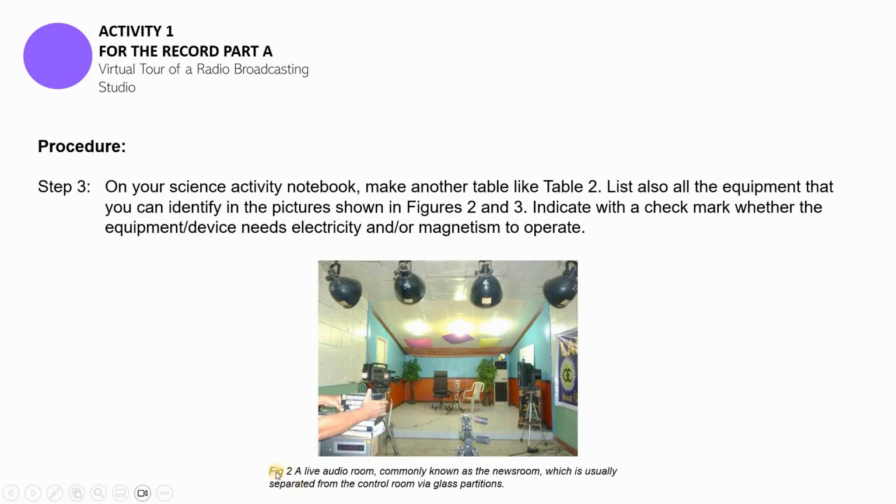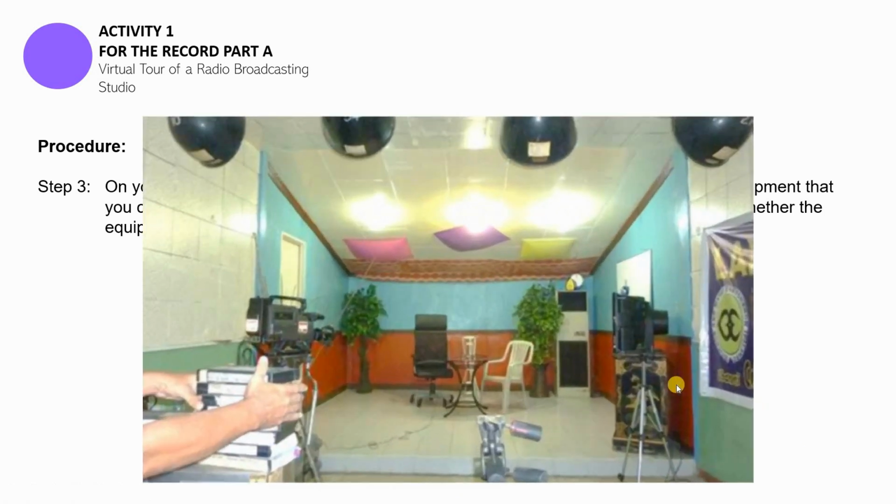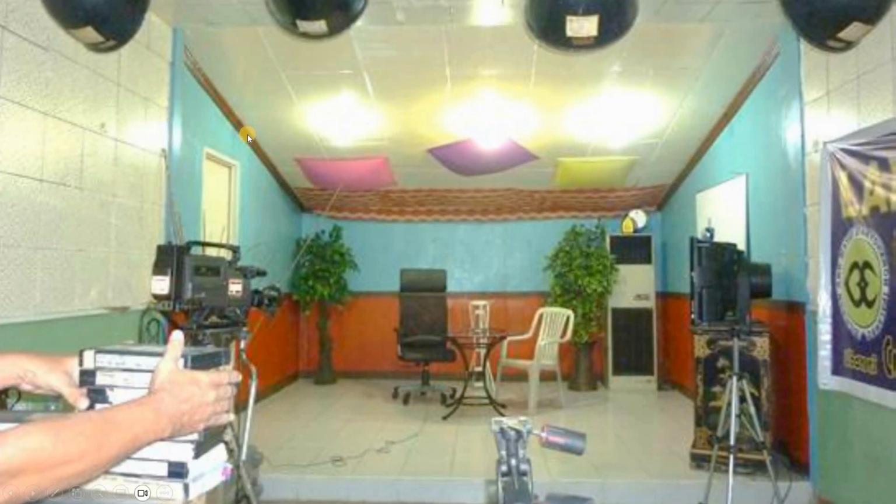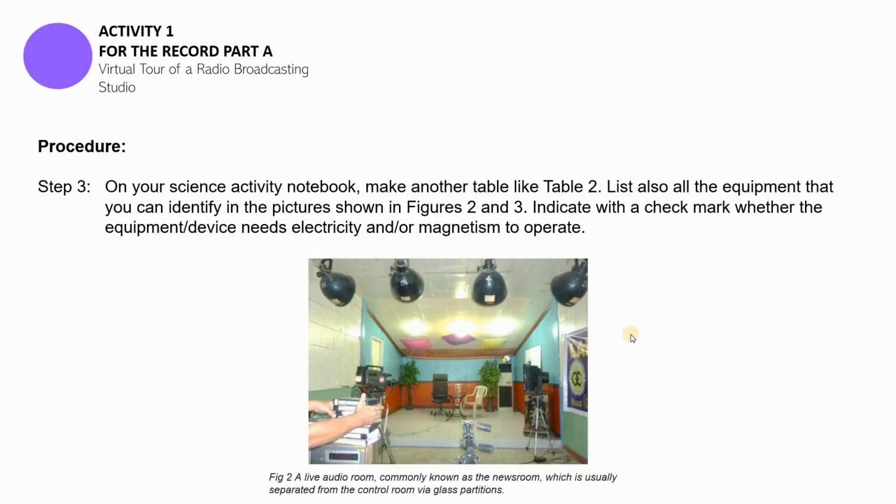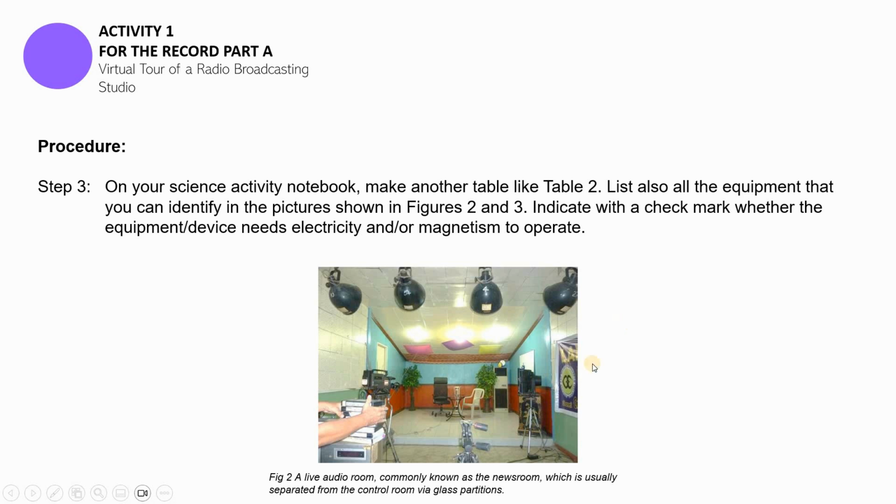Now this one, figure 2, is a live audio room commonly known as the newsroom, which is usually separated from the control room via glass partitions. And now we're zooming in. I think that if you need more time to inspect the photo, you can always rewind this video.